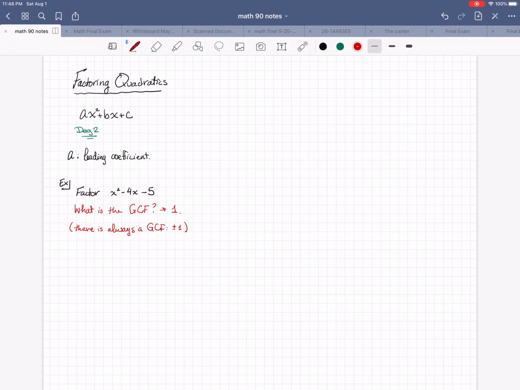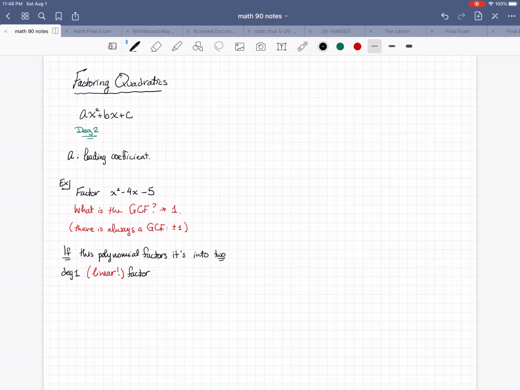What this tells us is that if this polynomial factors, and yes, I said if, and we'll talk about that in a second, it's into 2 degree 1, aka linear, factors.